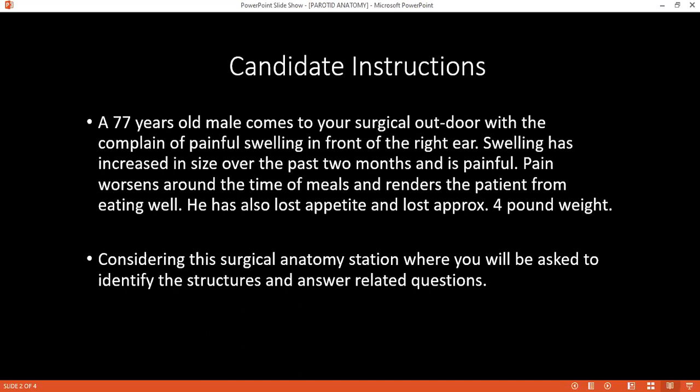Okay, if we talk a little bit about the tumors of the parotid gland or the parotid region, can you name the most common ones? Benign tumors such as pleomorphic adenoma is the most common one, ma'am, and then Warthin's tumor. And in malignant tumors, mucoepidermoid carcinoma is the most common, ma'am. Acinic cell carcinoma.